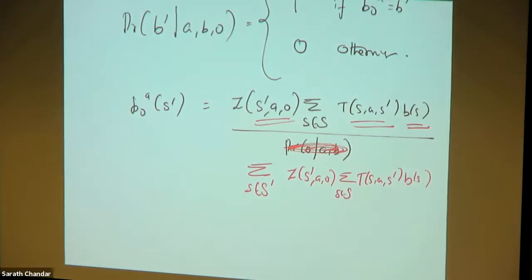So this integrates the one-step knowledge that I got. You are basically updating your probability distribution by taking into account that you made an action which took you from S to S dash.